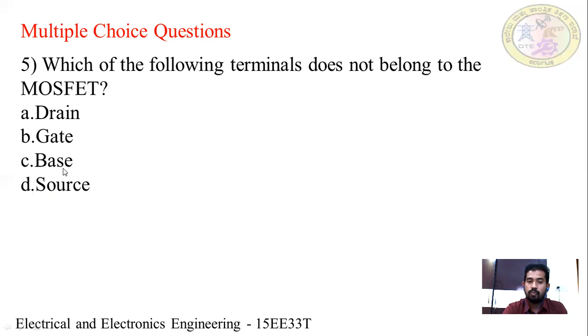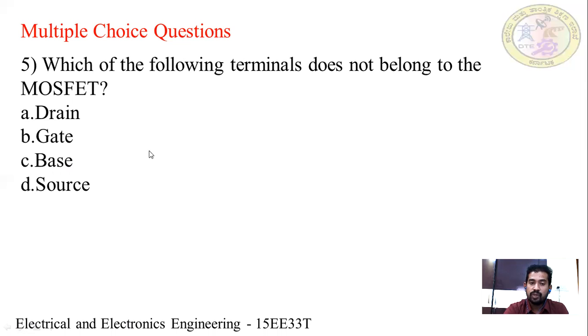We know that MOSFET has three terminals, that is gate, drain and source. The base terminal comes in a BJT, meaning bipolar junction transistor. In a bipolar junction transistor, we have three terminals: base, collector and emitter. In MOSFETs, we have three terminals, that is gate, drain and source.